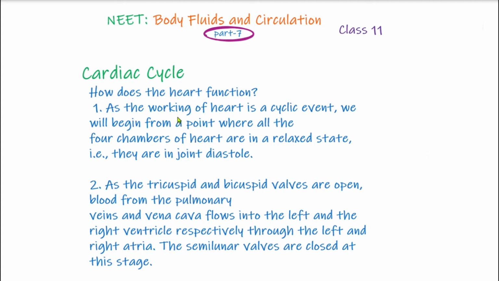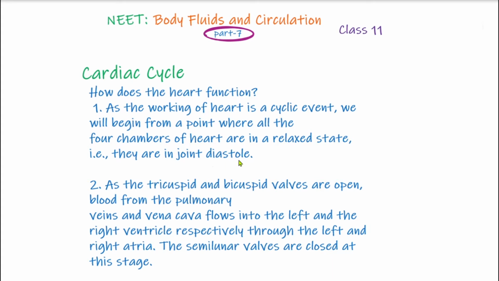Students, the heart works in a cyclic manner, and when we have to study a cyclic event, we have to begin from some arbitrary point. So here we are beginning from a point where all the four chambers of the heart are in a relaxed state, meaning they are in joint diastole.